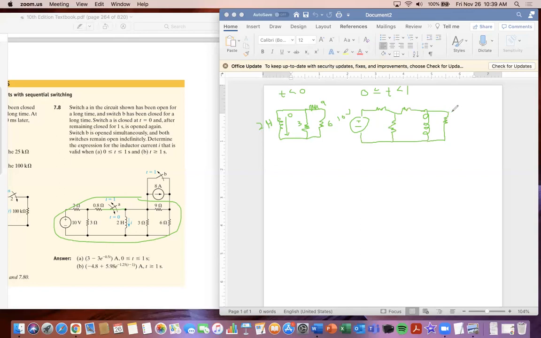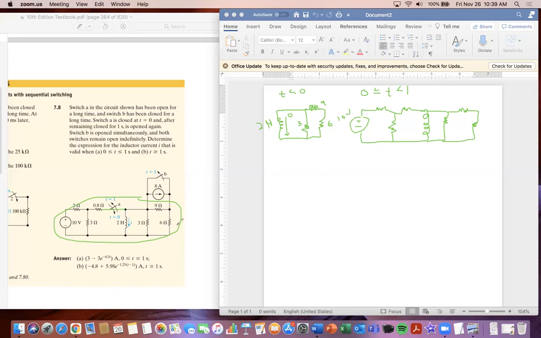And then we have this 9 ohm, and I'm not going to include that current source because all that current is just going to be going through this switch here. So it's literally going to have no effect here. If we think about this, this would be like infinite resistance here, and for a current source, we represent it as an open.